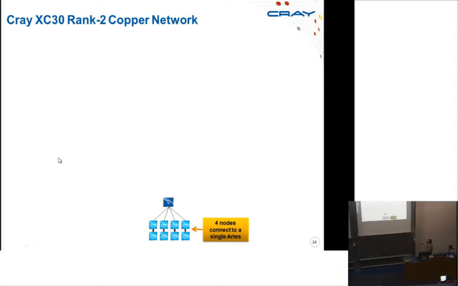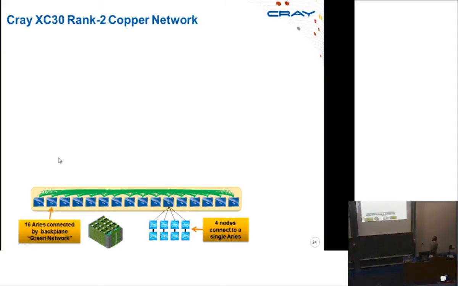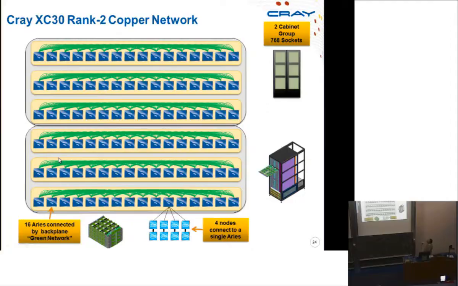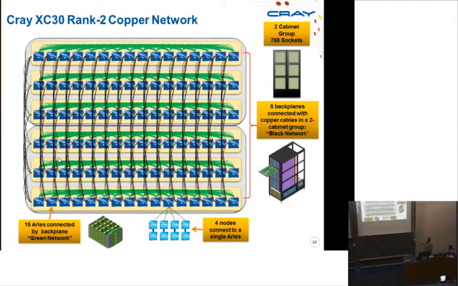Rank 2, we basically copy the same idea. We have a chassis in which every single Aries is connected to every single other Aries via this rank 1 network. We then group 3 of these into a cabinet, 2 cabinets into a group, and we add multiple all-to-all connections between each of the chassis. So effectively there are 16 sets of all-to-all groups between every point in the chassis.